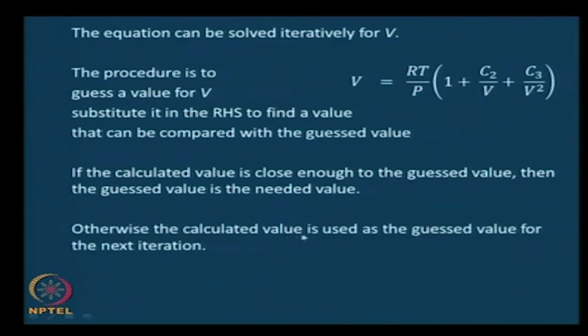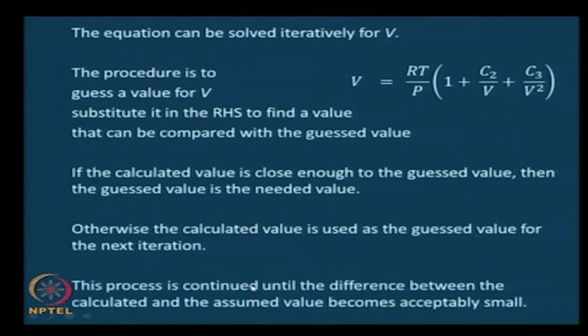Otherwise, the calculated value is used as the guessed value for the next generation. Whatever you calculated here, you put it here and then substitute it back to get another calculated value, and then you check how close this is to the guessed value or the value in the previous step.